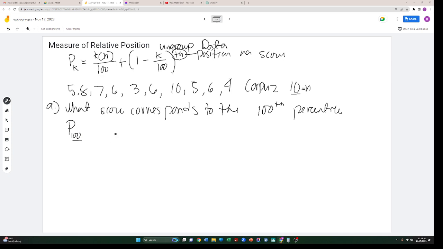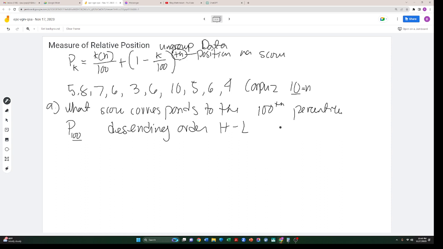Before you solve, you need to arrange the scores in descending order. Descending order means from highest to lowest, while ascending order is lowest to highest.